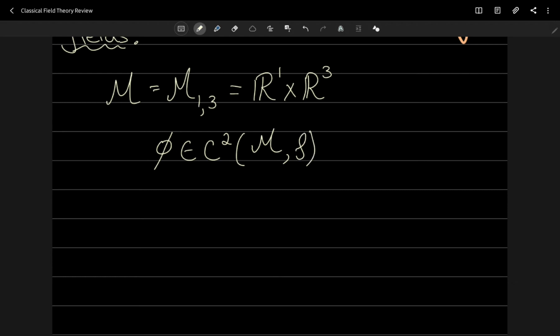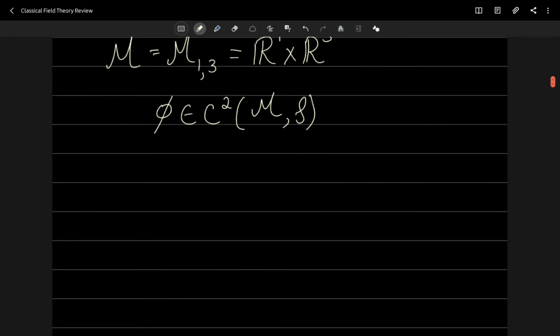So it's two times differentiable, and it is defined as a function from the manifold to some target space, say rho, right? So it's a map to a target space rho.